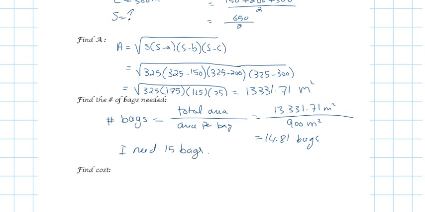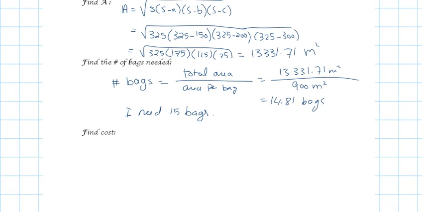Now to find your cost, what do we do? You have 15 bags times how much each bag costs. We're going to pretend that 19.98 includes tax. 19.98 times 15 is 299.7.